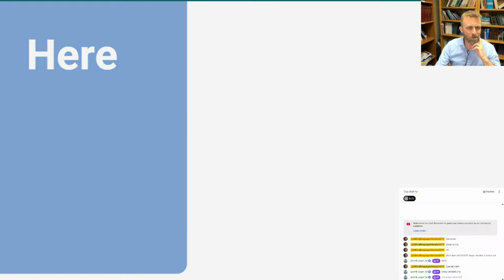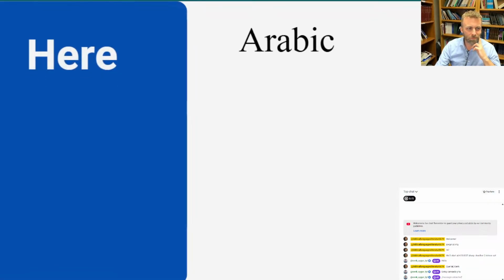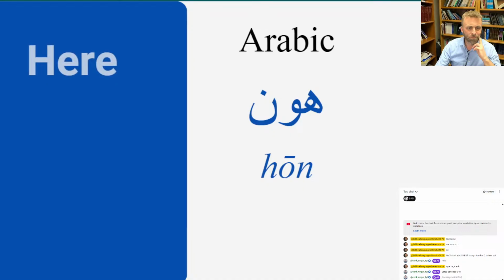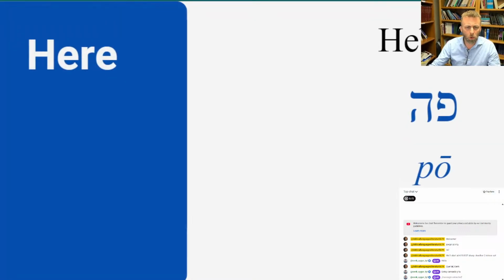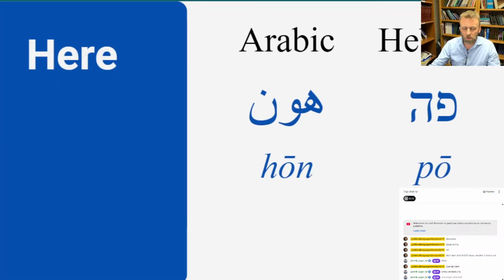The word here in Arabic is hon. Hon is how we say here in Arabic. In Hebrew it's a little bit different, and it will be po. Hon in Arabic, po in Hebrew, and here they are both together.